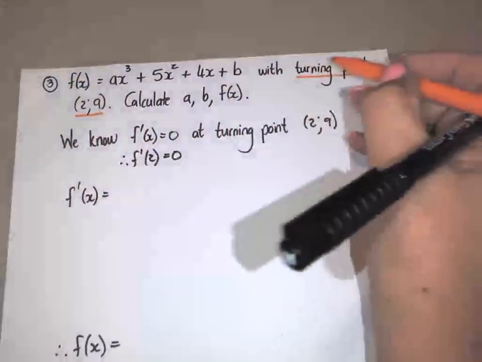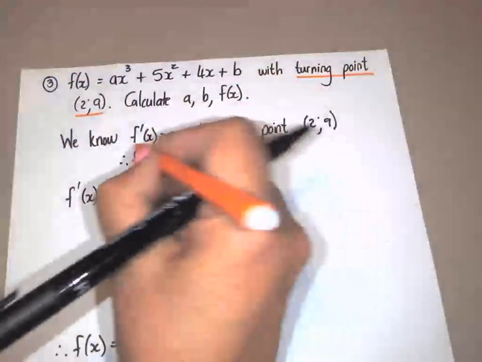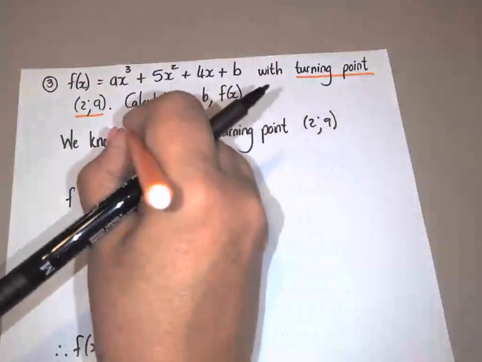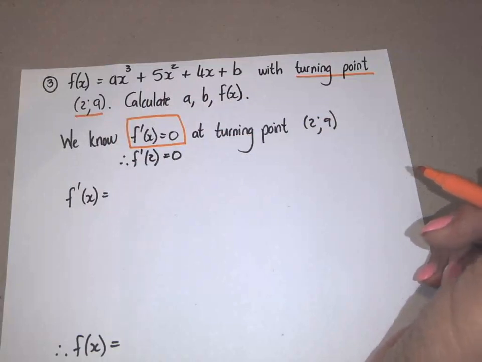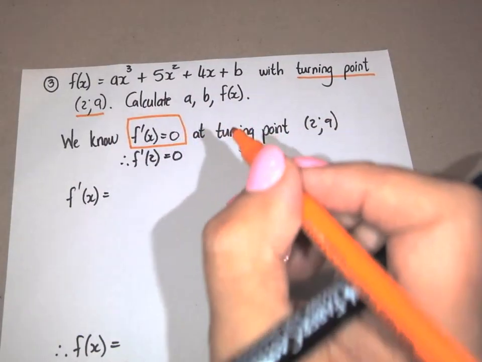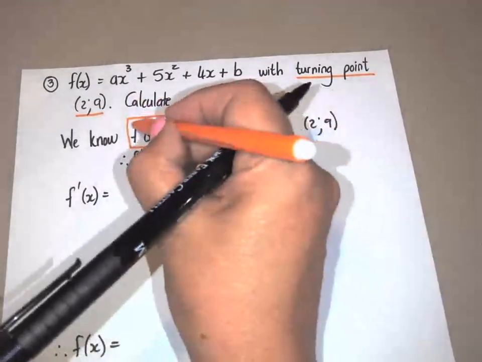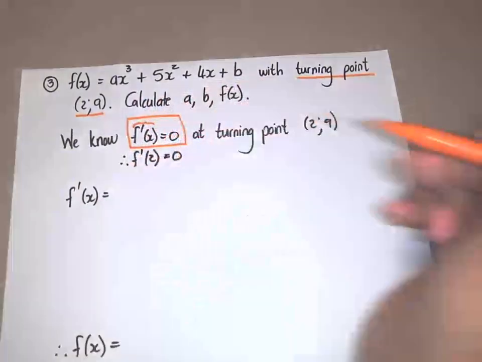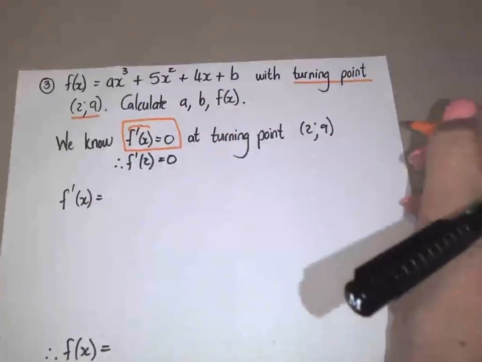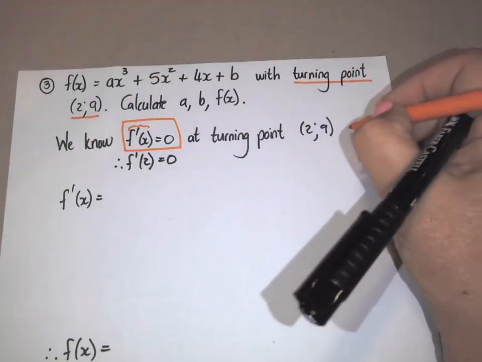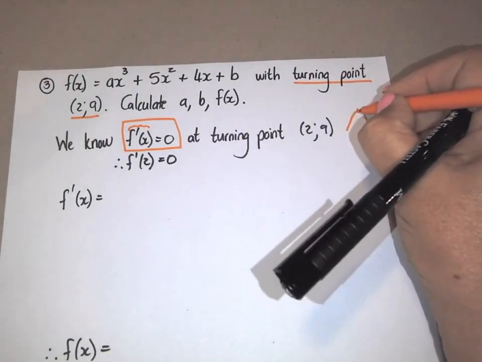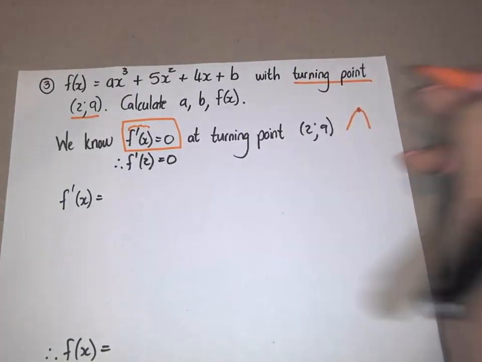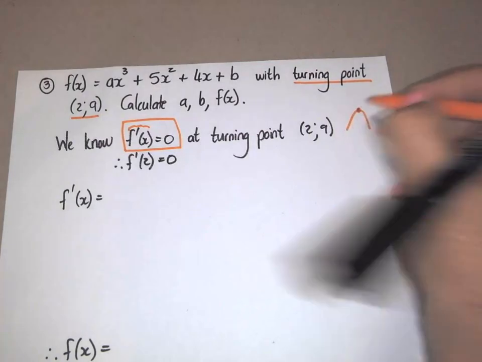We know that the turning point has a formula of the first derivative equals 0. That means the gradient is 0. And what does a gradient being 0 mean? It means that you are on the top of the graph and the gradient there is 0.